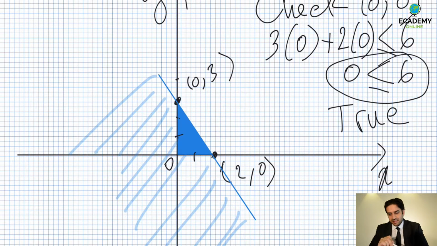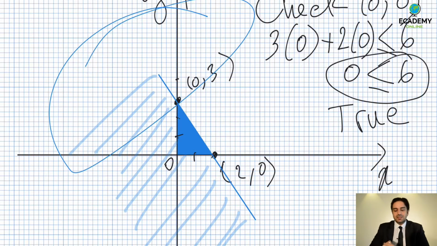The line, we have to keep in mind, is infinite. It has no ending, no starting point. So it will cut the plane into two different parts. One side will be true, one side will be false.